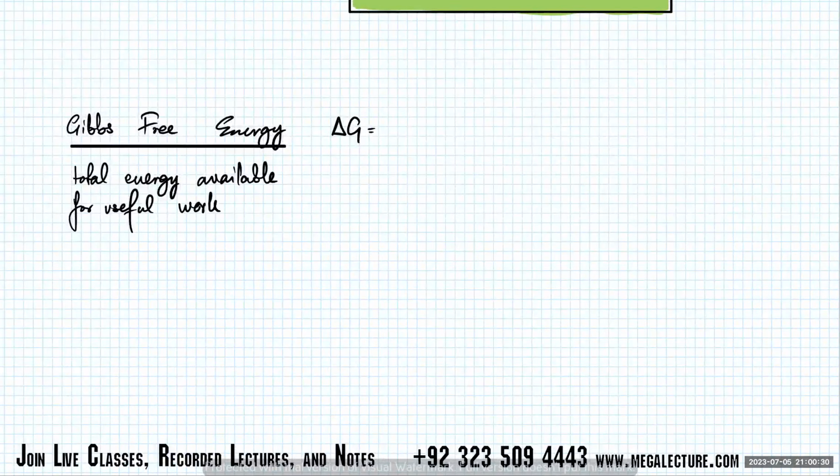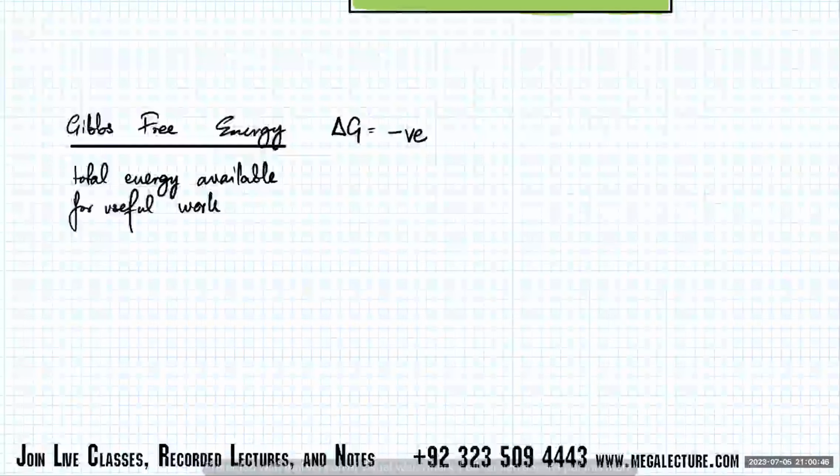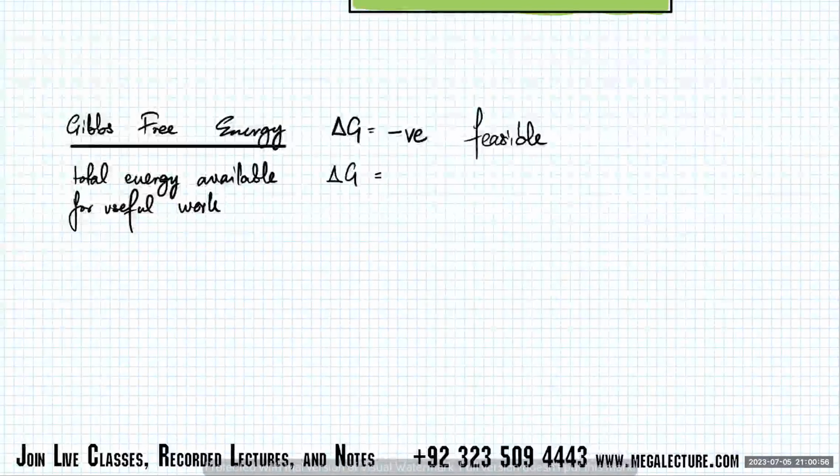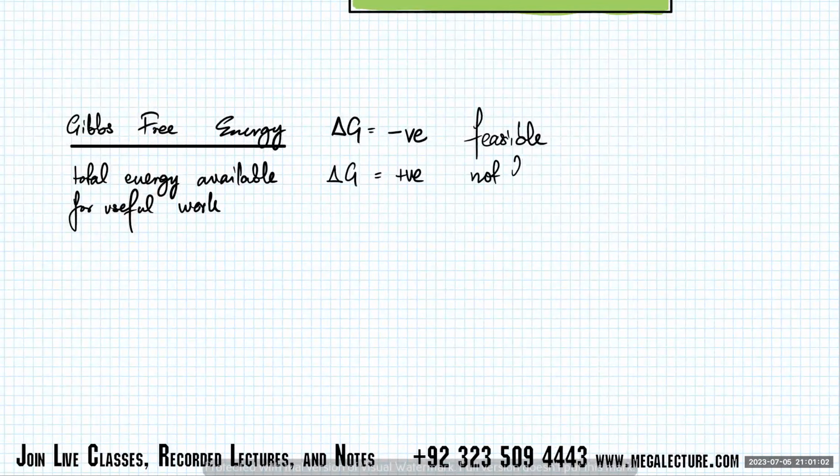A system has a certain amount of energy. If it's got excess energy, it's giving out energy, it doesn't need energy. Negative means exothermic, right? So if the system has a lot of energy, it's giving out energy, then that means it's feasible. The system doesn't need any help. Vice versa, if the Gibbs free energy comes out to be positive, it needs energy. That means the reaction is probably not going to happen and it's not going to be feasible.